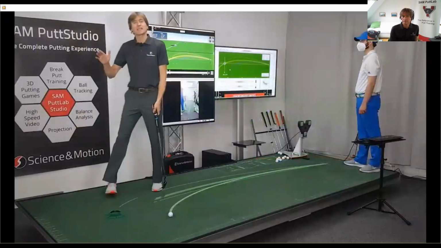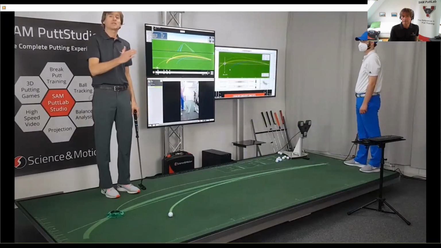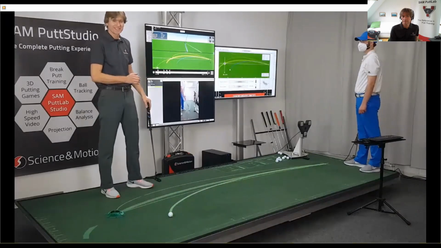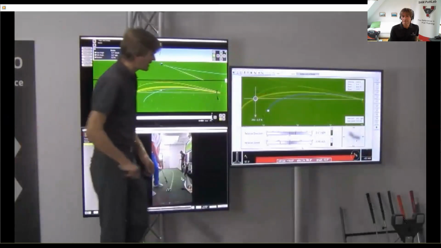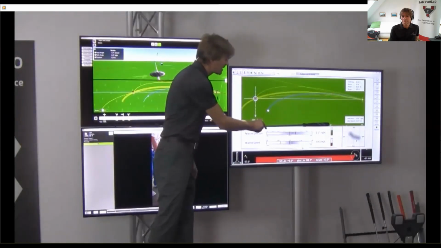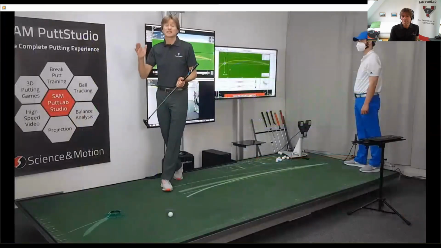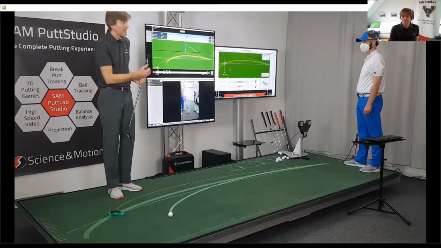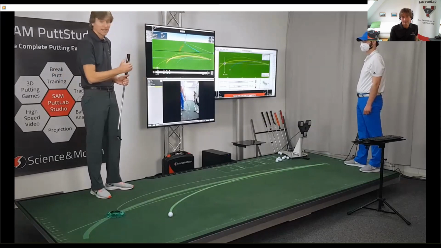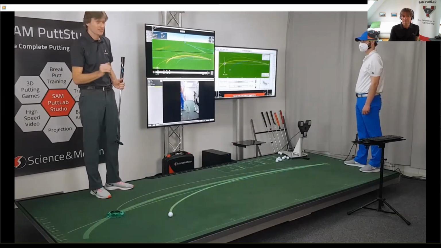So he was aiming high, but speed was too slow, so he was even aiming too high, and the number 80% would tell us that the mistake for aim was less relevant than the mistake for speed. So for the next putt, he should try to adjust speed first.